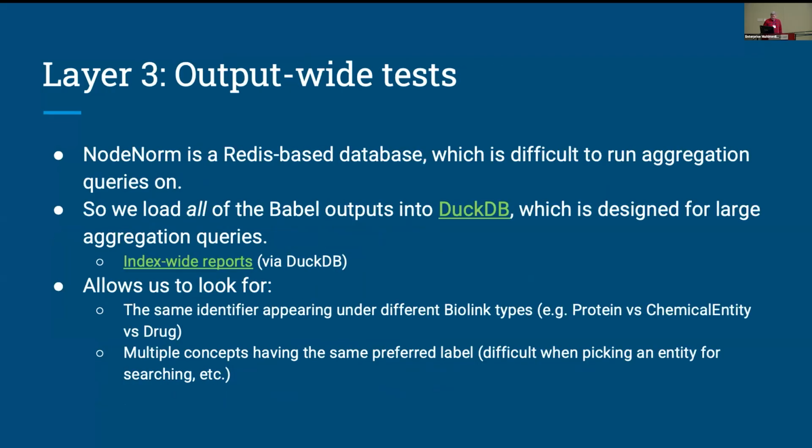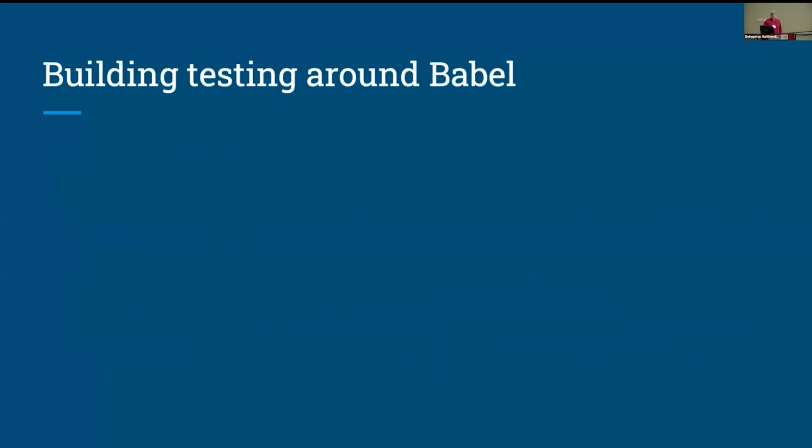Finally, the best thing we get out of those databases is this ability to run big aggregation queries, where we can ask things like, is the same identifier appearing in multiple places? Those are databases we generate as part of the build process now, so that's something that's easy for us to download and query.